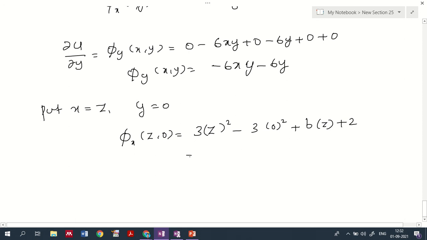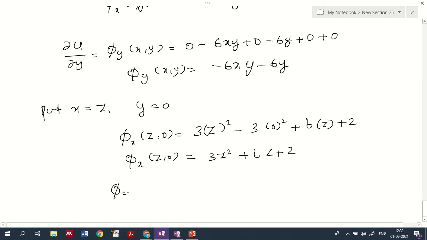So phi x of z, 0 means that is 3z square plus 6z plus 2. Okay, so that is the first one.